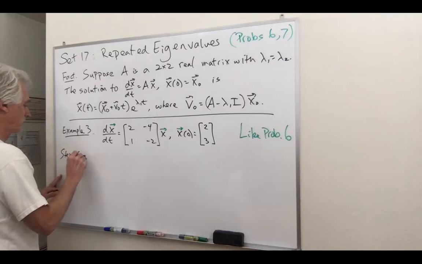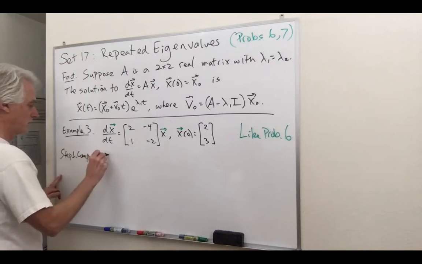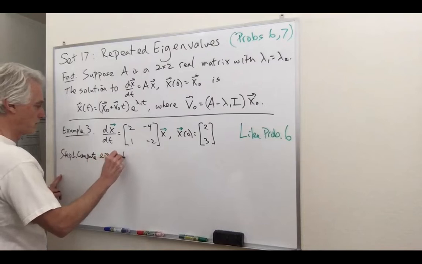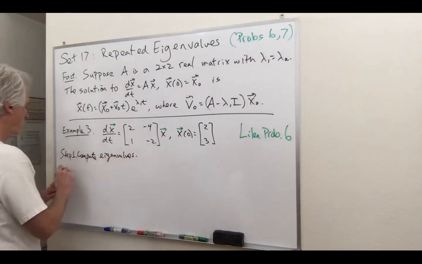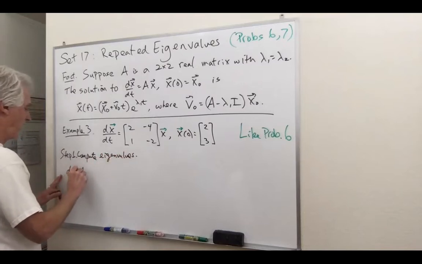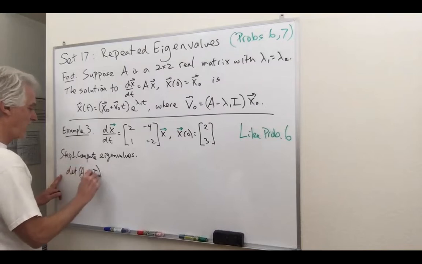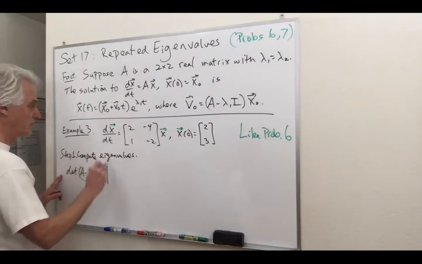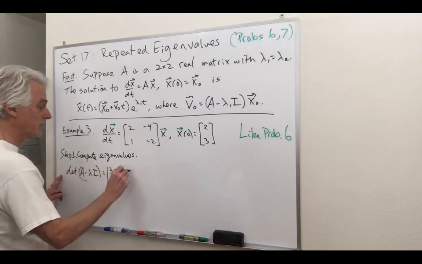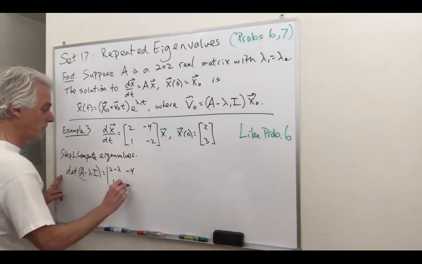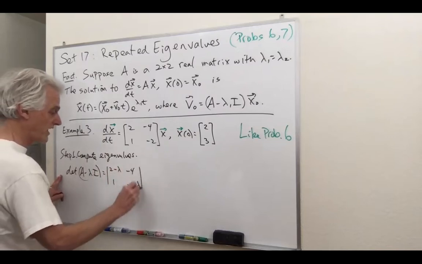Step 1 is compute eigenvalues. The determinant of A minus lambda I is the determinant of 2 minus lambda, -4, 1, -2 minus lambda.